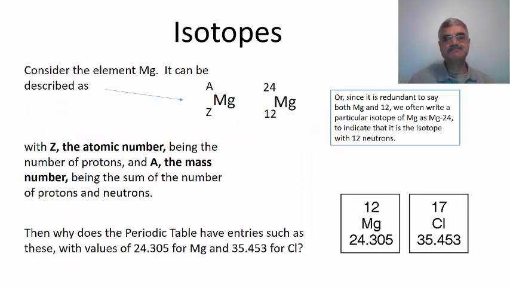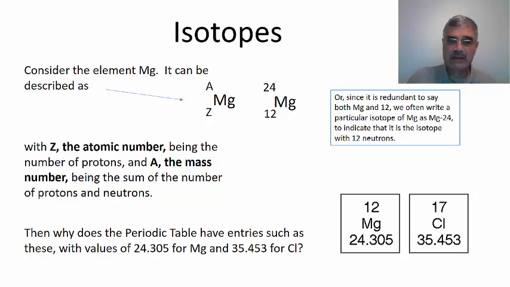Okay, what are isotopes? Let's think about an element, magnesium. We can describe magnesium with a symbol Mg as shown, and we usually give a couple of numbers. One is called Z, the atomic number. The atomic number for magnesium is 12. That means it has 12 protons. That is, if you are an atom with 12 protons, you are magnesium.